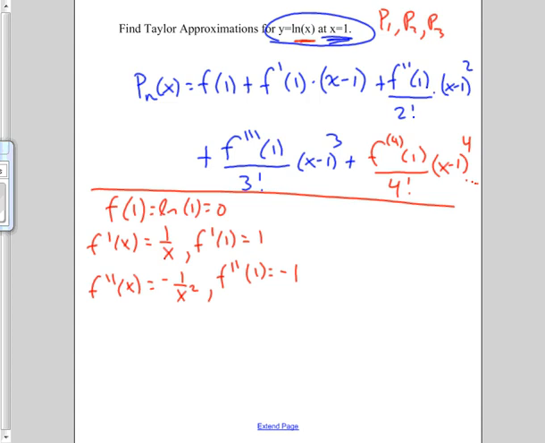I'm going to rewrite this as negative x to the negative 2. That's going to help me take the derivative. So f triple prime of x is going to equal 2x to the negative 3. And so f triple prime of 1 is going to equal 2.